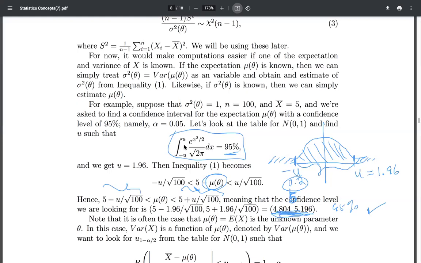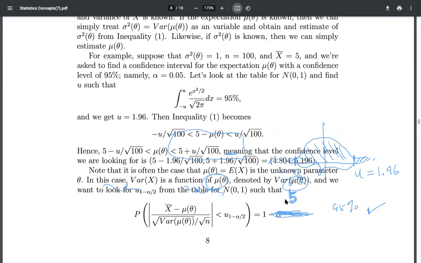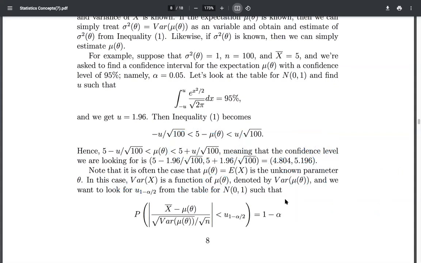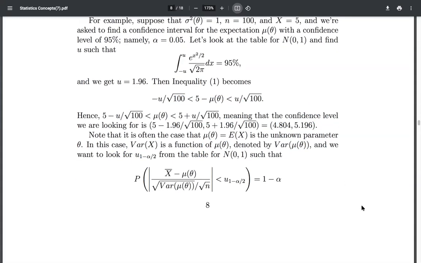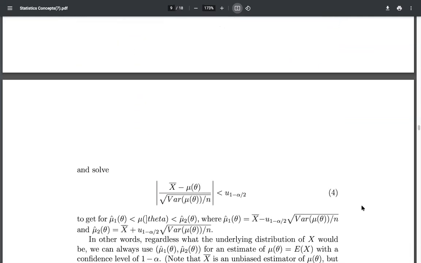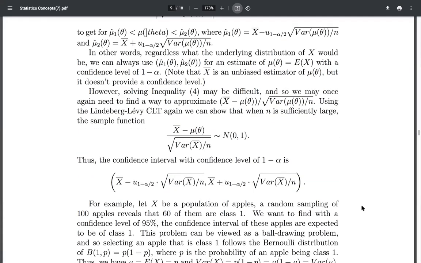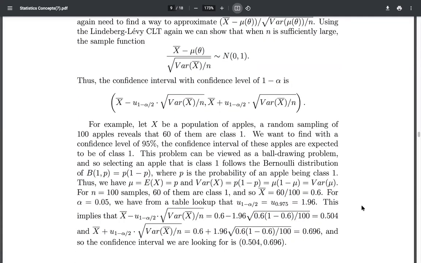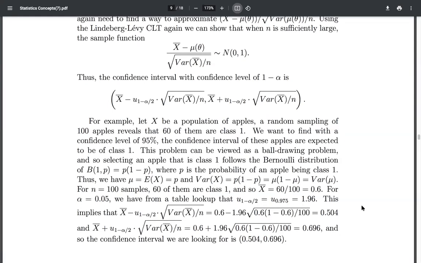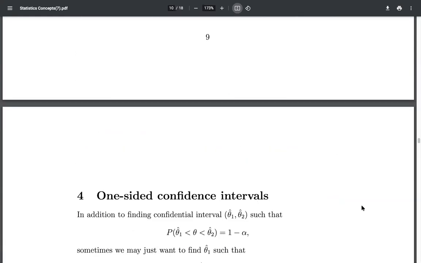All right, so this is the case when you have enough samples. If you don't have enough samples, then you've got to use another estimate. Let me just skip this. This is another example, so you can look at this yourself.